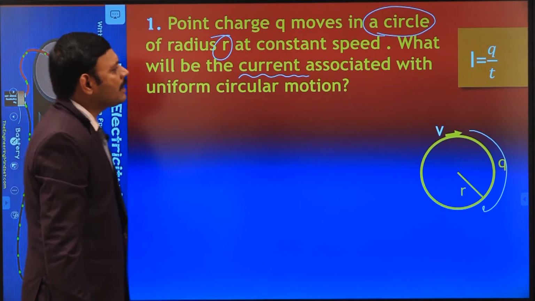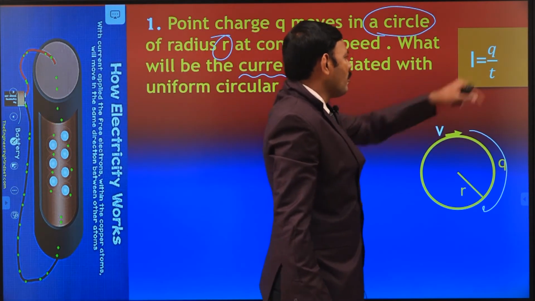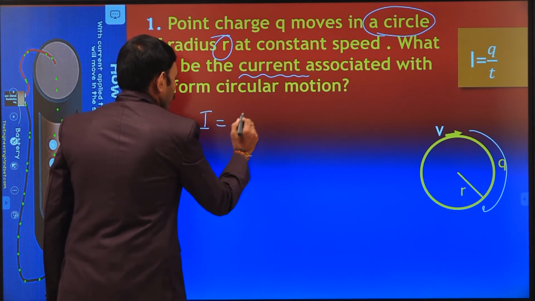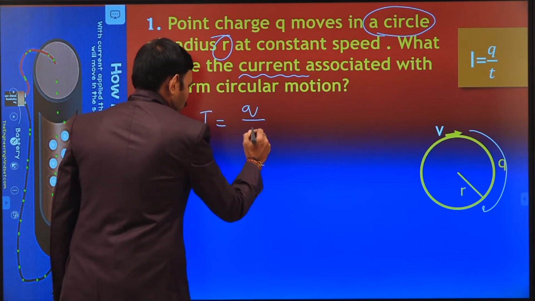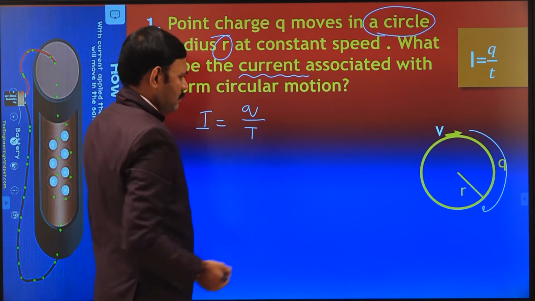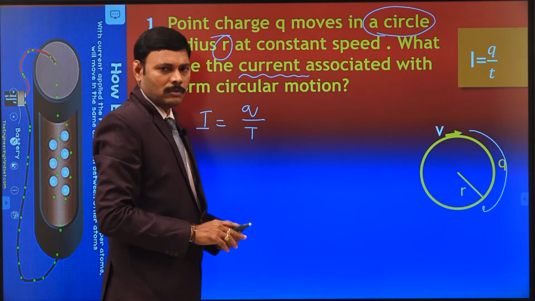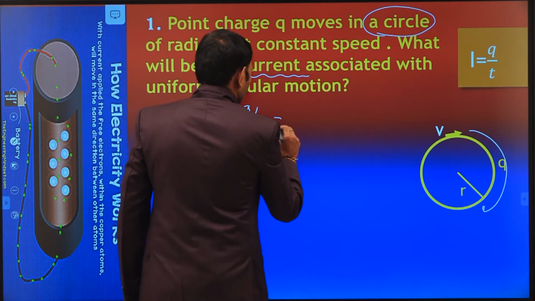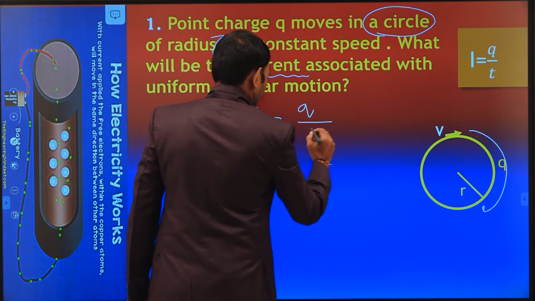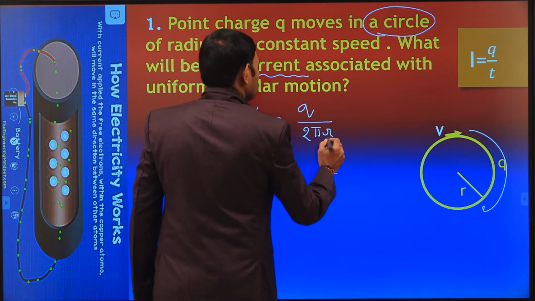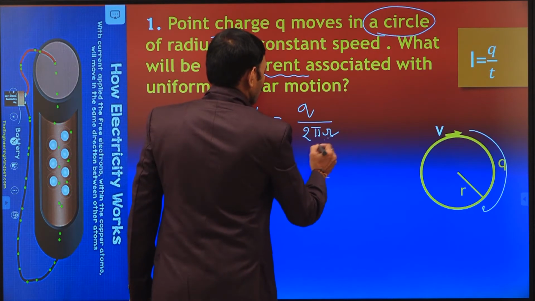So we calculate the current. Current is the rate of flow of charge. Let us consider that formula. I is equal to Q by T, the rate of flow of the charge. To complete one revolution, time taken is equal to distance by speed. That is 2 pi r travelled with speed v.